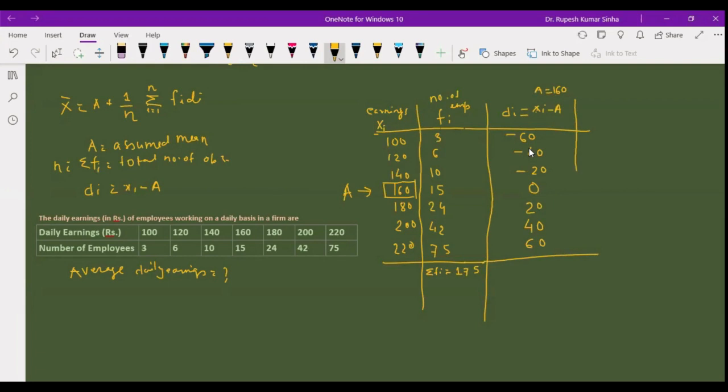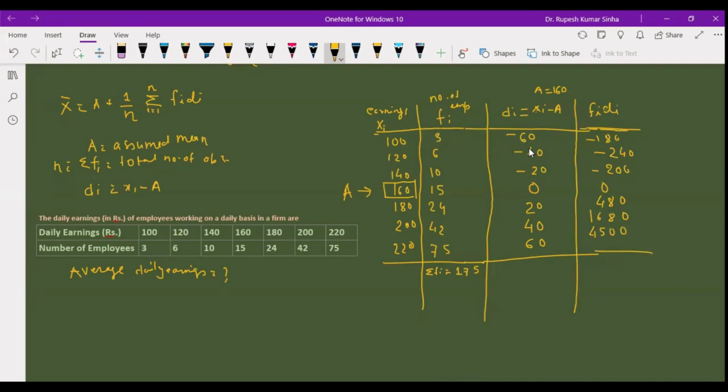Next, we have to multiply the frequency with di. So we are going to do Fi di. So 3 into minus 60 is minus 180, minus 240, minus 200, 0, 480, 24 into 20 is 480, then this is going to be 1680, and 42 into 40 is 1680, and 75 into 60 is going to be 4500.